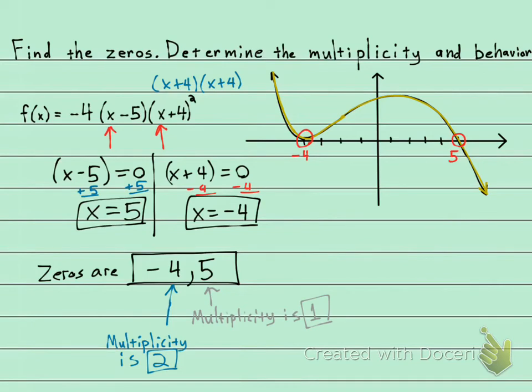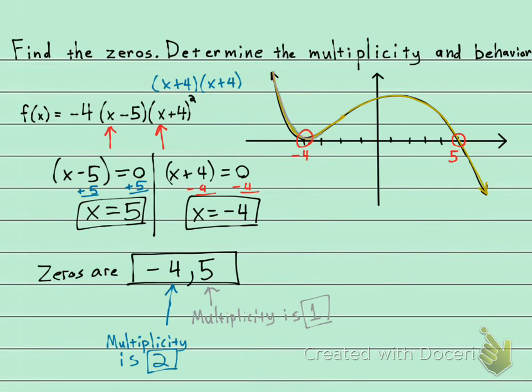And then the last question is going to say to determine the behavior of those zeros on the graph. Well, if you have a multiplicity that's even, okay, so 2 or 4 or 6 or 8, let's say even and greater than 0, it's going to bounce off. So you see right here at -4, you see what the graph does?